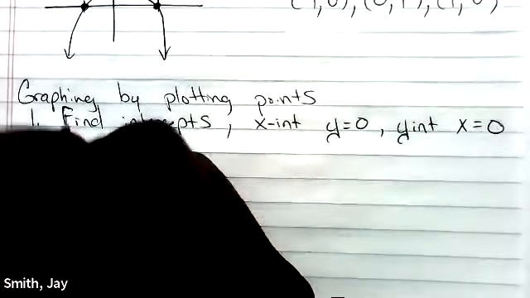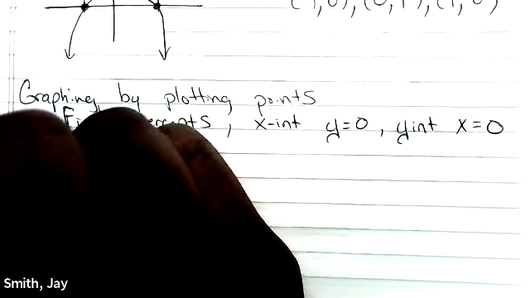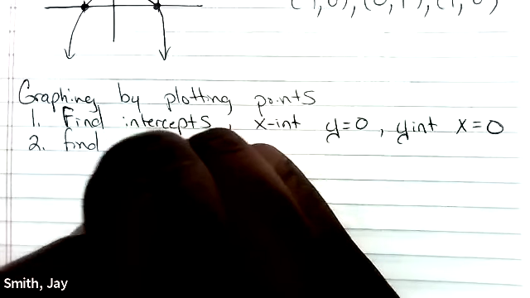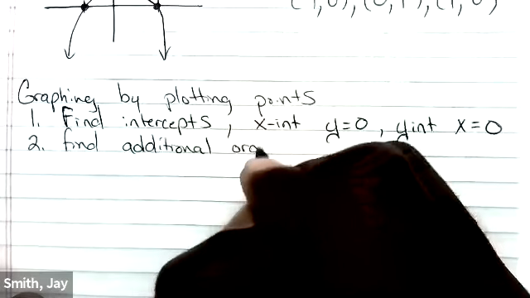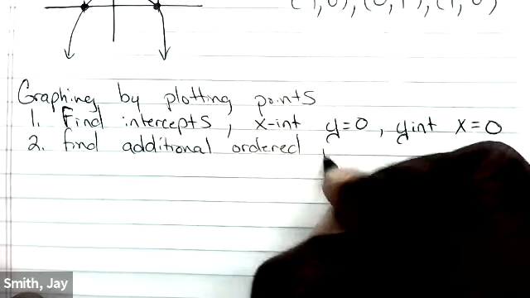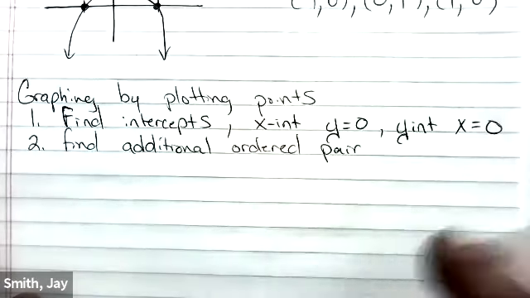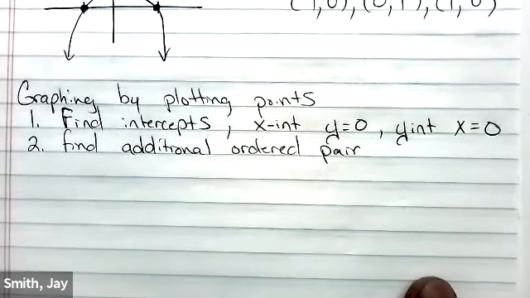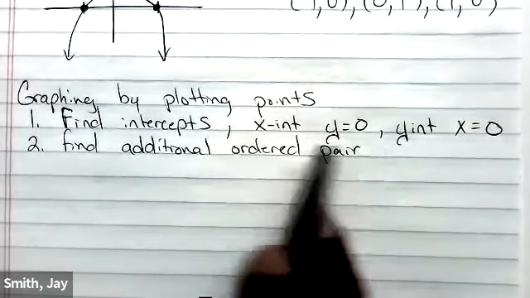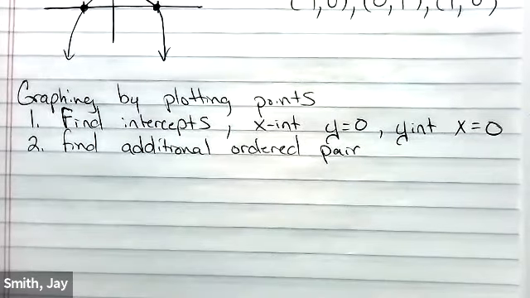So second step, we want to find an additional ordered pair. Remember, we can do this by simply picking any x value that we want. If it were me, I'd probably pick 1 or some number in between these x-intercepts, just so I can see the behavior of the line.